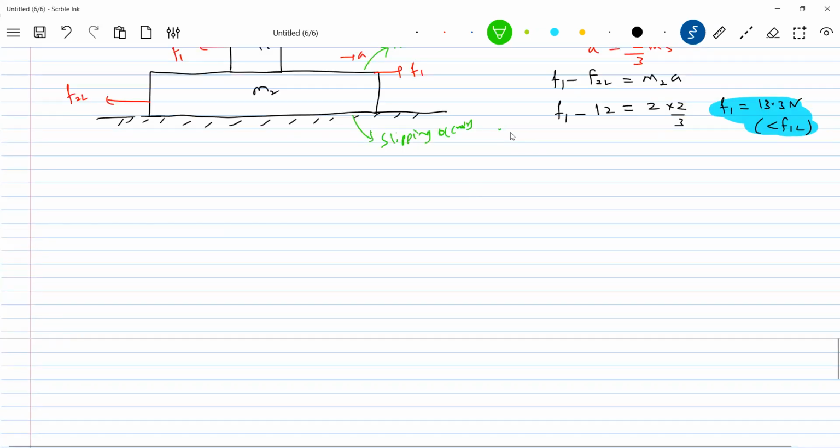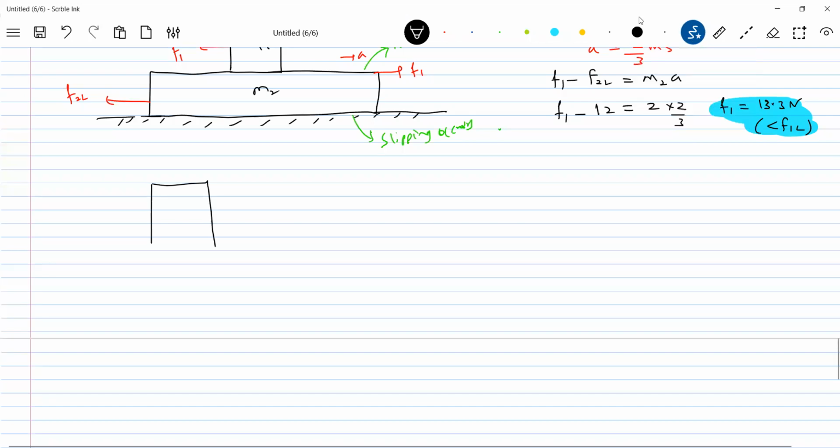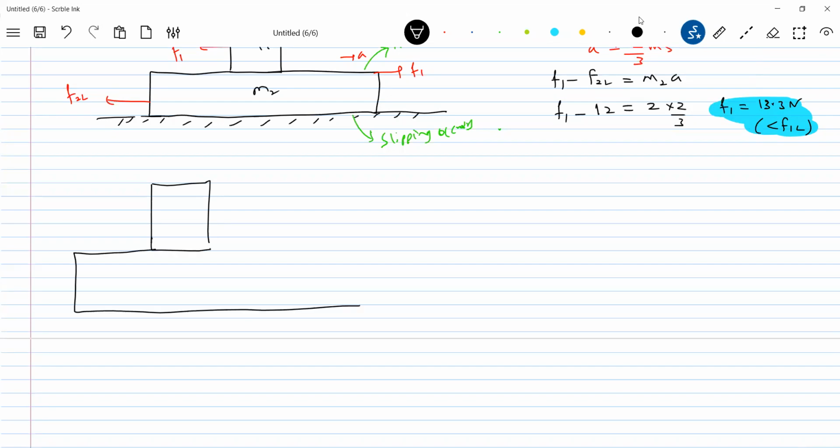Next situation, I'll give it. This is M2, this is M1. I'll apply some 80 Newton.